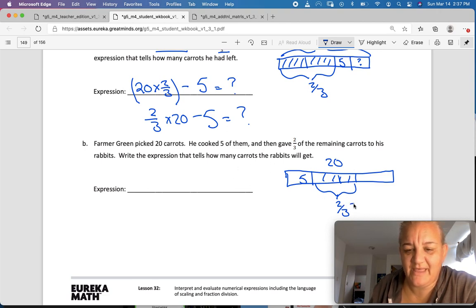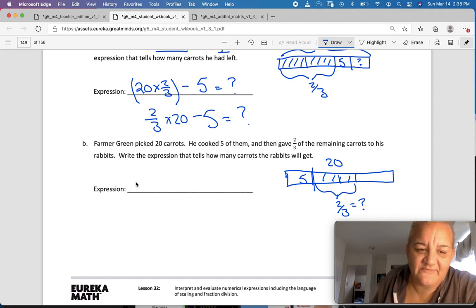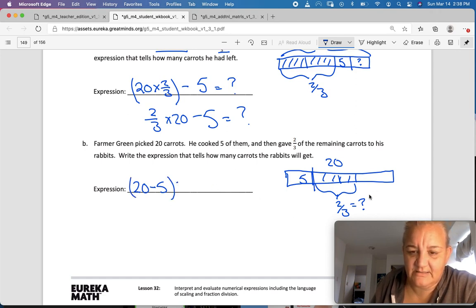How many will they get? What does 2/3 equal? But it's 2/3 of the remaining. So we're going to have to subtract that 5 and get that out of here, right? And then we can multiply whatever's left, which is 15, times 2/3. And that's going to give us our answer.